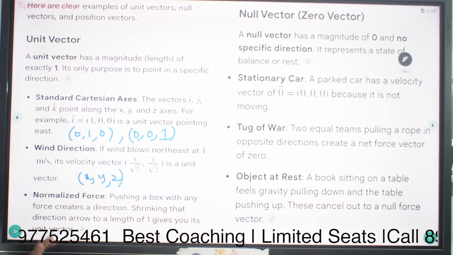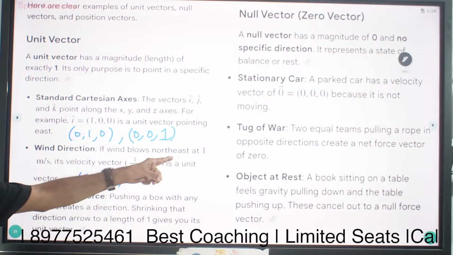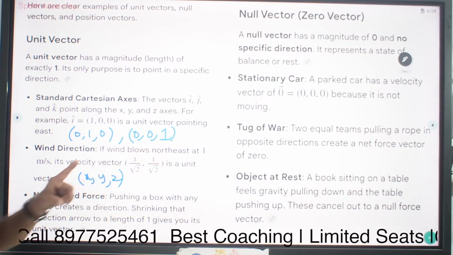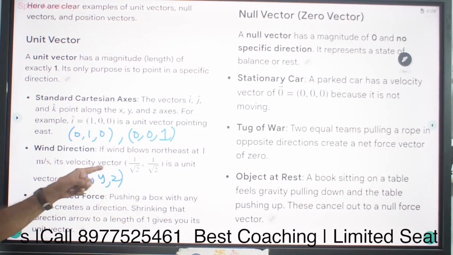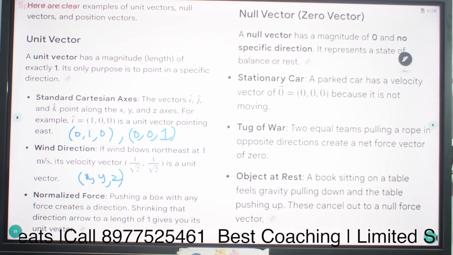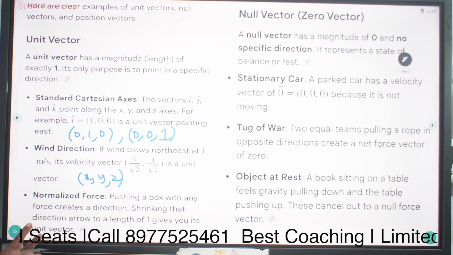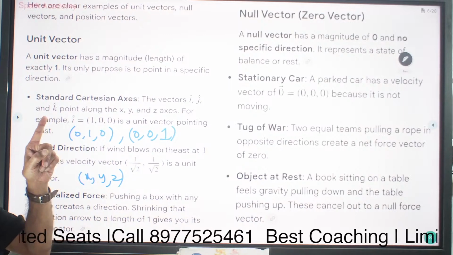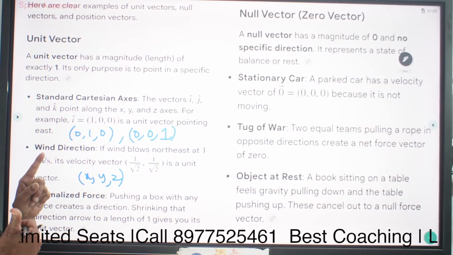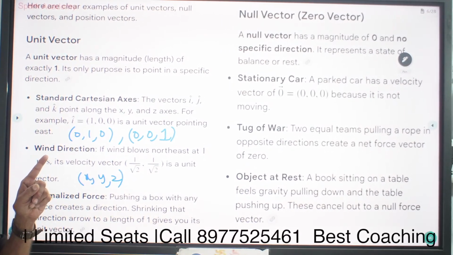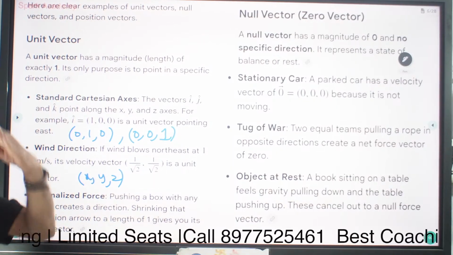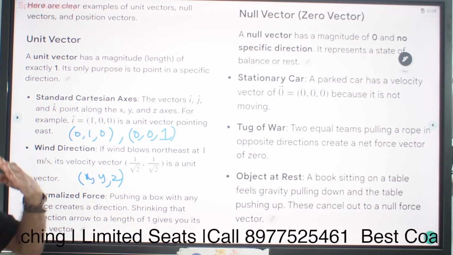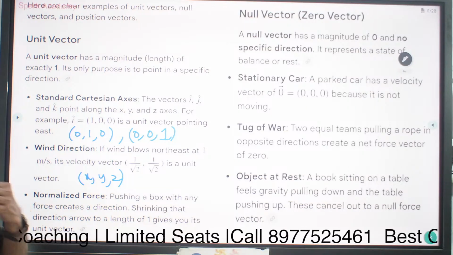See, wind direction. Suppose a wind blows northeast at 1 meter per second, its velocity direction. Northeast means, suppose in the north direction you take 1 and in the east direction you take 1. So its resultant will be the vector passing through the origin.